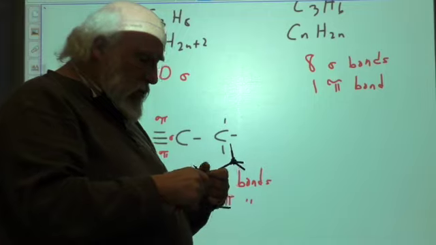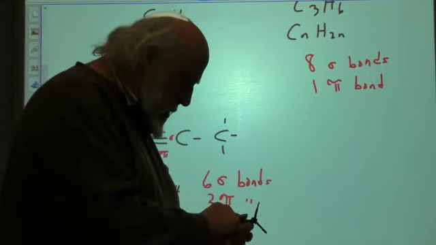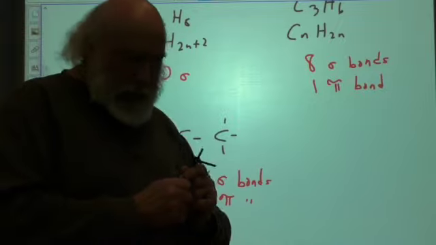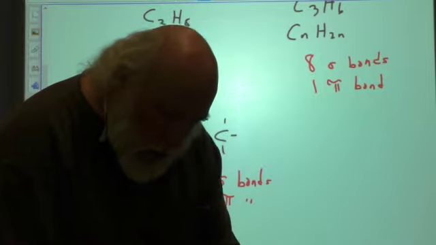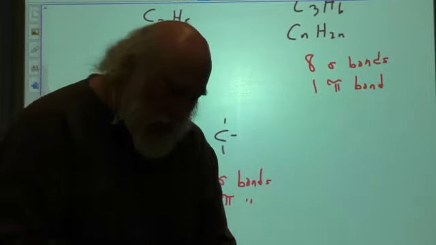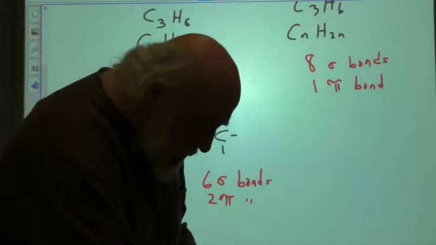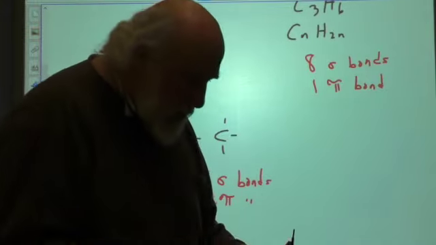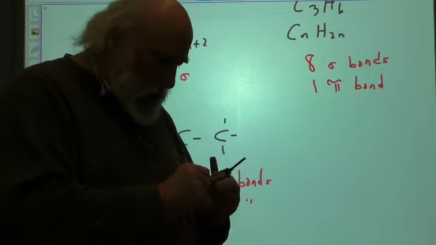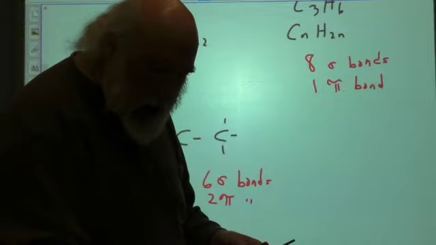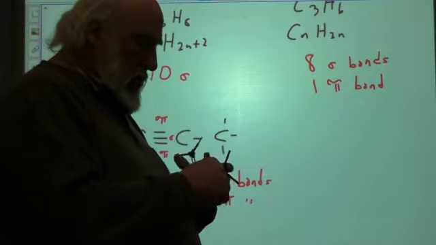But if I were to replace one of the sigma bonds with the double bond, the butane I had there to begin with now becomes a butene.